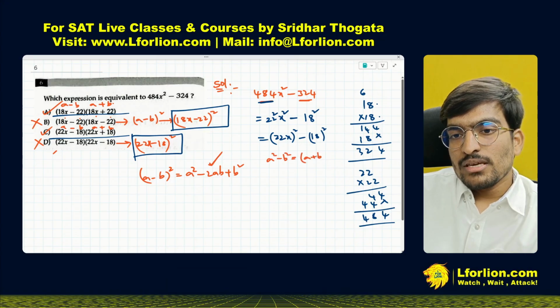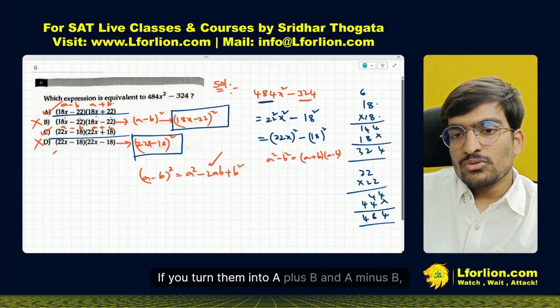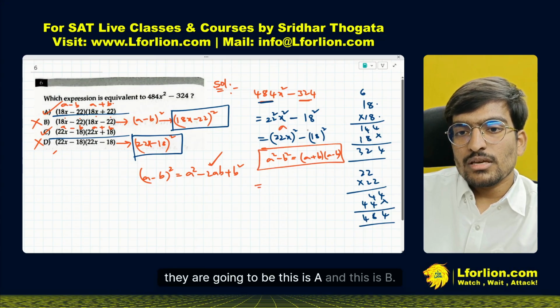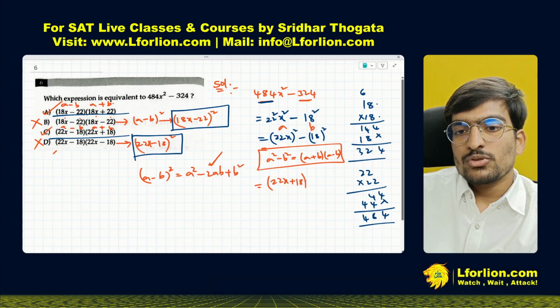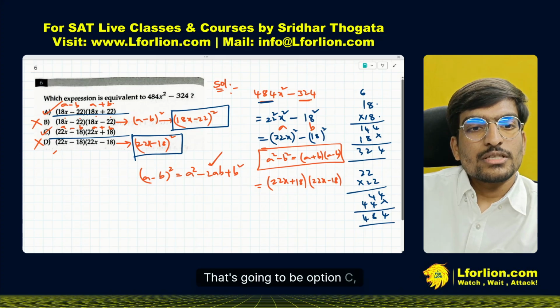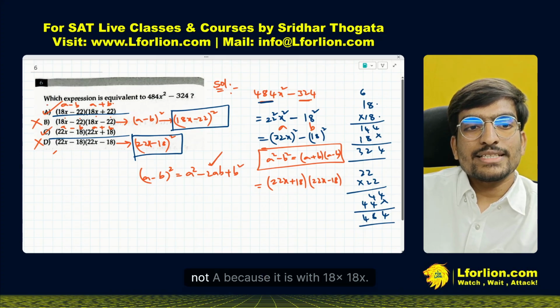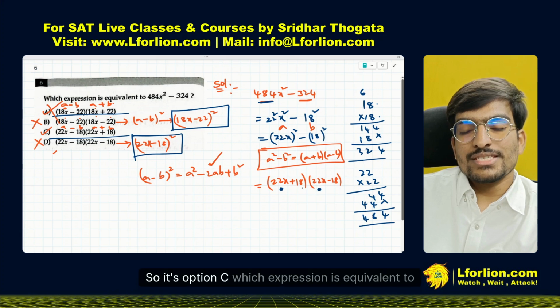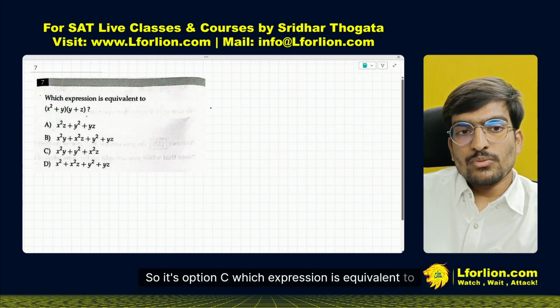It is A plus B, A minus B. Here this is A and this is B, so A plus B is 22x plus 18, and A minus B is 22x minus 18. That's going to be option C, not A, because A has 18x, but we got 22x. So it's option C.